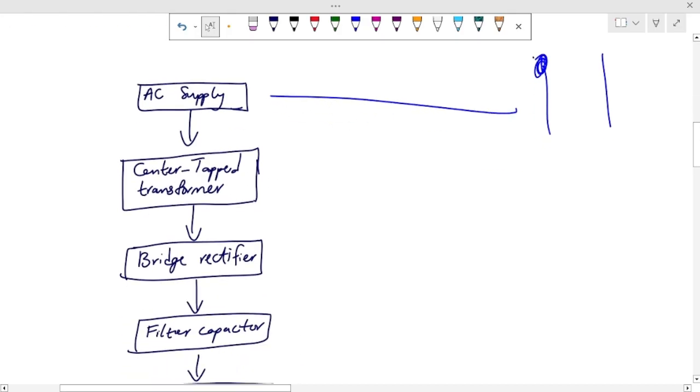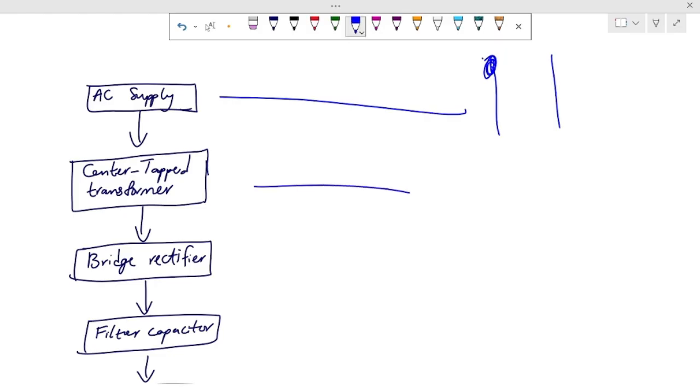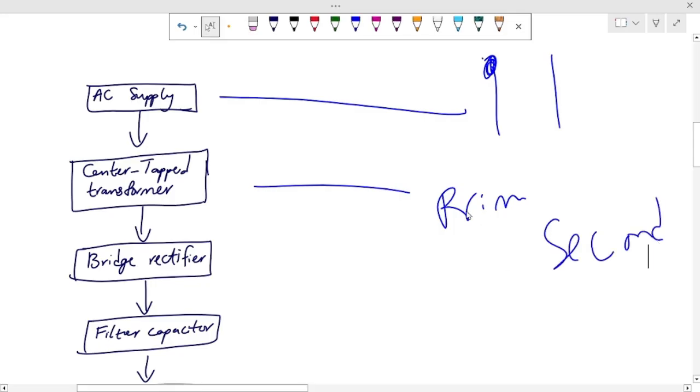So what a center tap transformer does is this. Transformers have a primary winding and a secondary winding. For a step down transformer, this secondary winding serves as the output, and of course the voltage that comes out of this is less than the voltage in the primary winding.